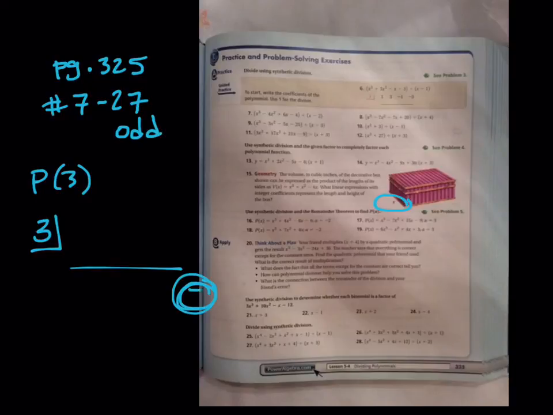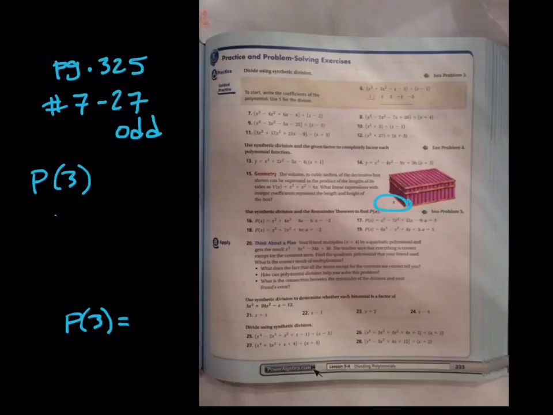So like if you got a 7 as an answer, then we would know P of 3 equals 7. Okay, and then 21 and 23, determine whether the binomial is a factor of the given polynomial. So same thing, use synthetic division and see if you get a remainder of 0 or not.